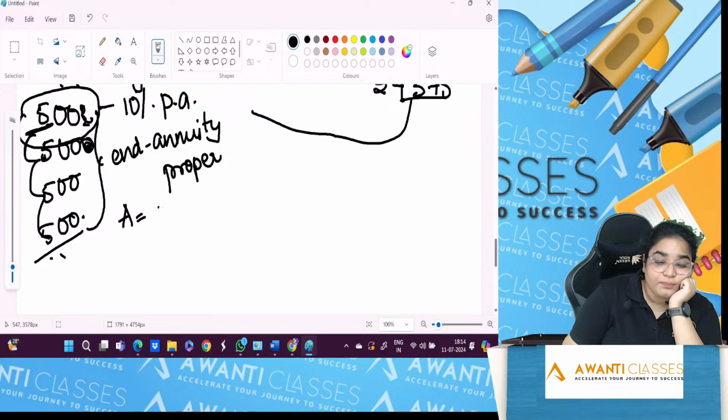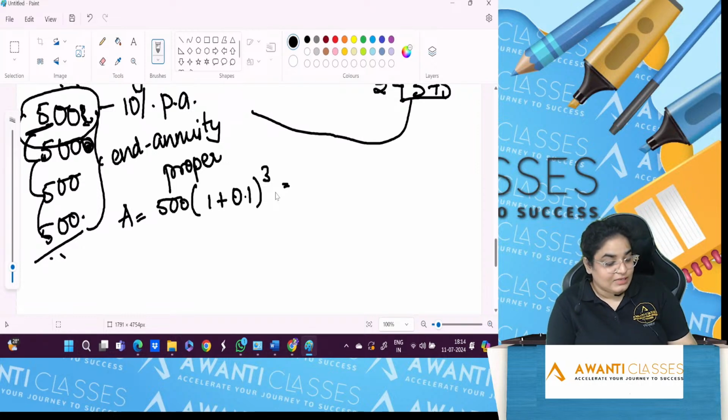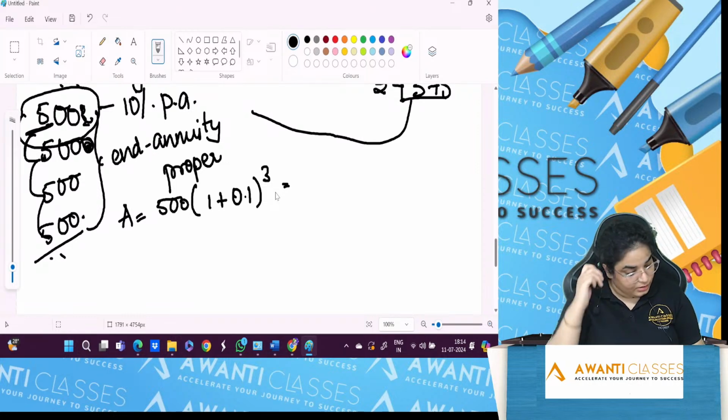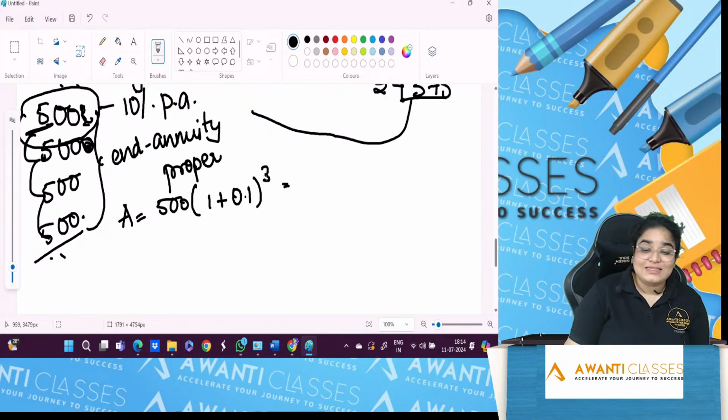So this will be 500 into 1 plus 0.1, that is 10%, to the power of 3. Why 3? Because that 500 will stay with the bank for 3 years. 1.1 cubed, equal to 1.331 into 500 is equal to 665.